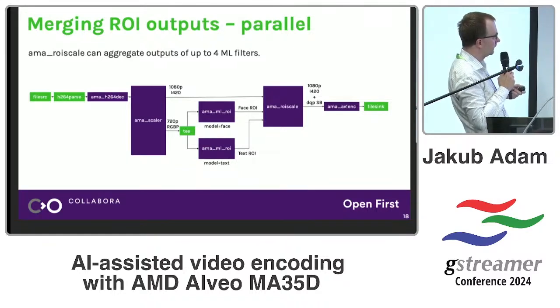Here, one is detecting faces, the other one is detecting text, and then both of those inputs can go to one ROI scale and affect the output of the encoder.